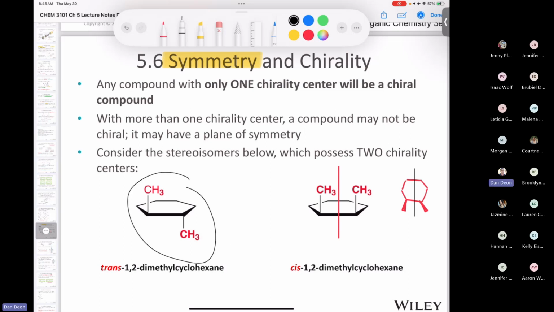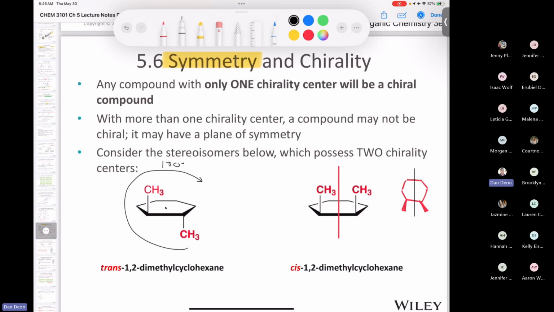But with this one here, it's not quite as abundantly clear. Okay, there is symmetry in this compound, but there's not symmetry here, right? That's not a line of symmetry. It's more here. If you were to rotate that compound 180 degrees, it would be identical. So there is rotational symmetry in this compound.